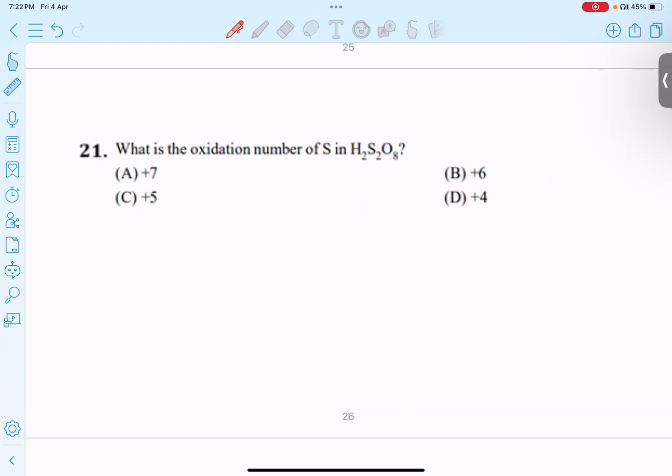The structure of H2S2O8, peroxodisulfuric acid, is like this, the actual structure of the compound. The oxidation number of hydrogen is always +1, but the oxidation number of oxygen is always -2, except in peroxides, where it is -1.